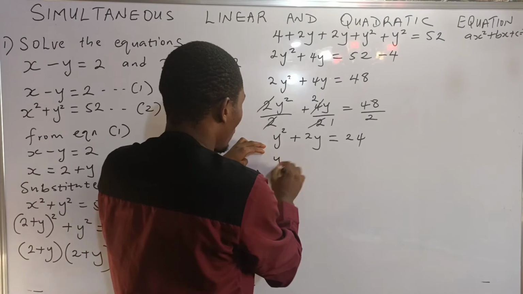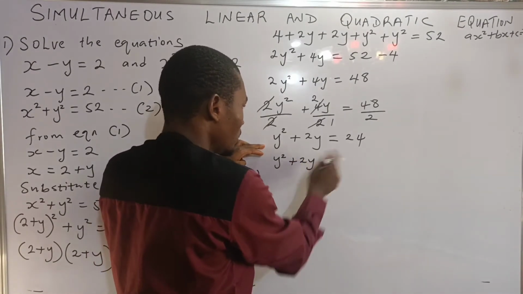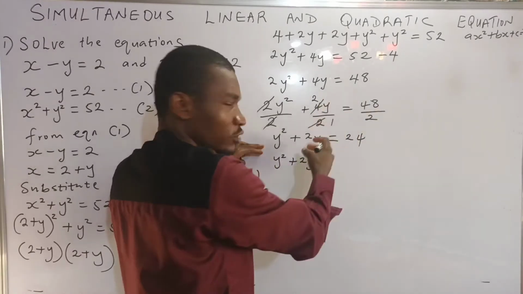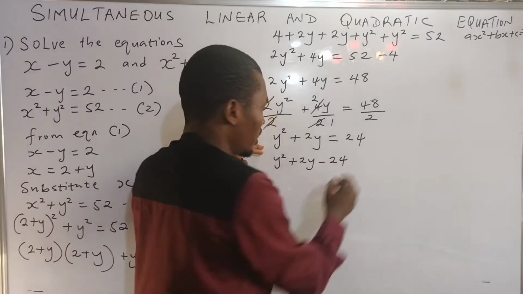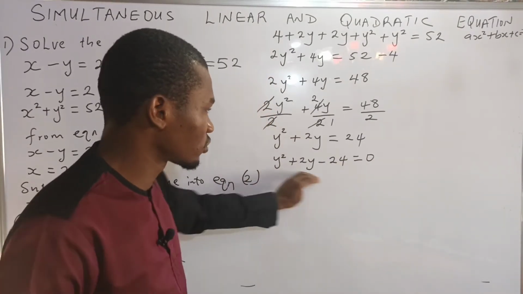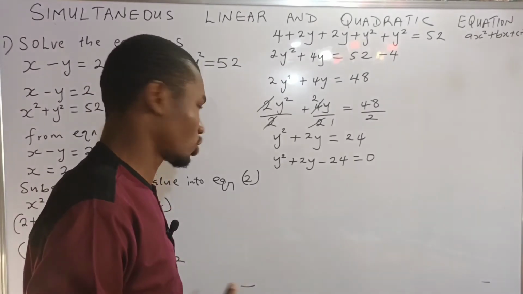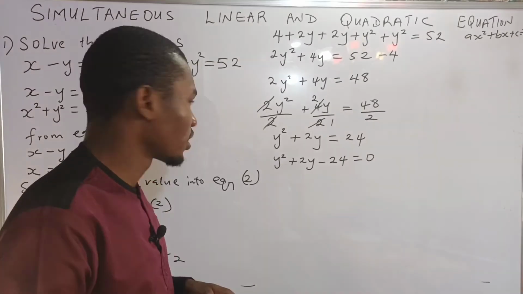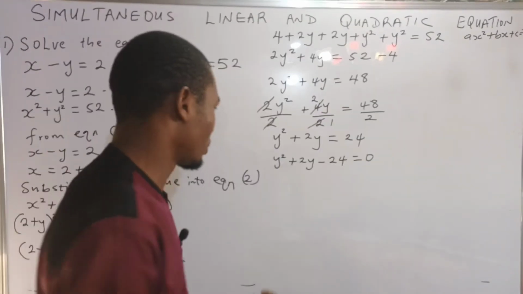Then I have y raised to the power of 2 plus 2y. Then 24 coming to the left hand side of the equation changes sign to negative 24, and that is equal to 0. Hence, we can solve this quadratic equation using any method of solving quadratic equations. But for the sake of this video, I shall use the factorization method to solve this quadratic equation.